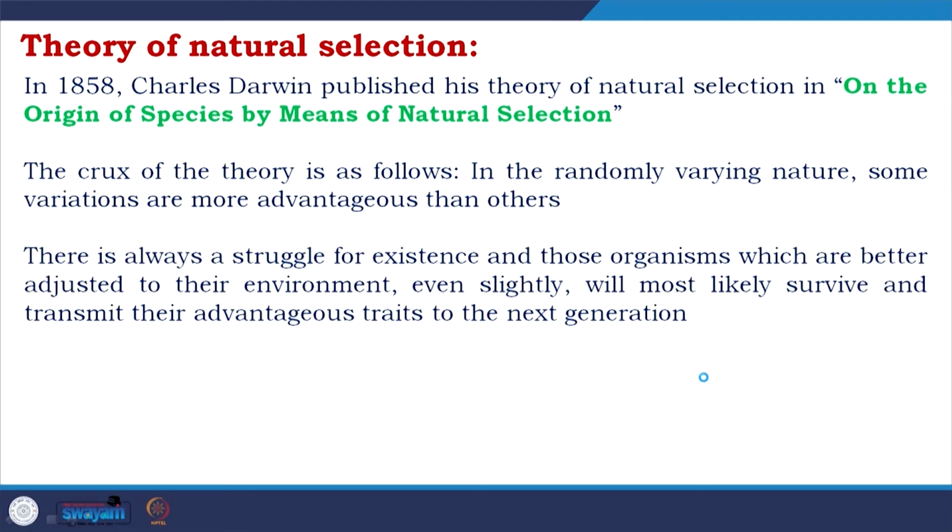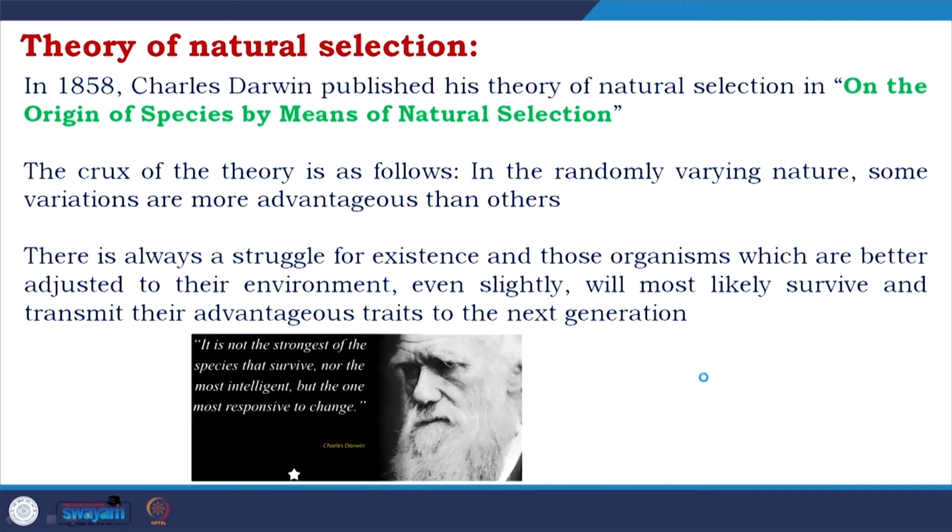There is always a struggle for existence, and those organisms which are better adjusted to their environment, even slightly, will most likely survive and transmit their advantageous traits to the next generation. So, according to his own language, it is not the strongest of the species that survive, nor the most intelligent, but the one most responsive to change.